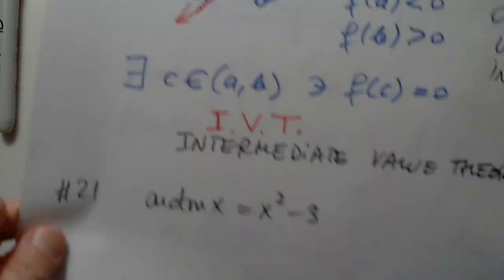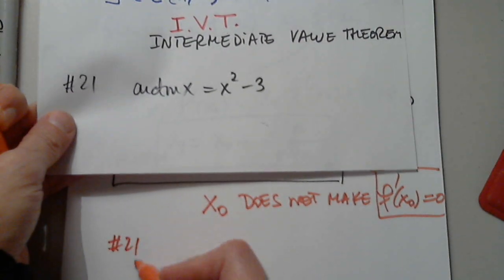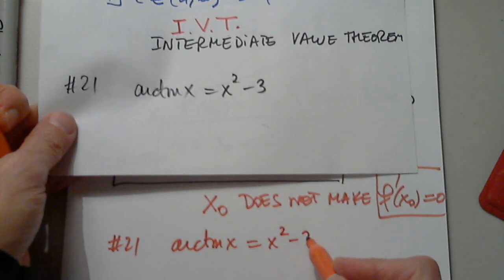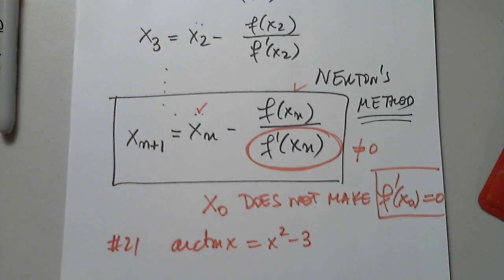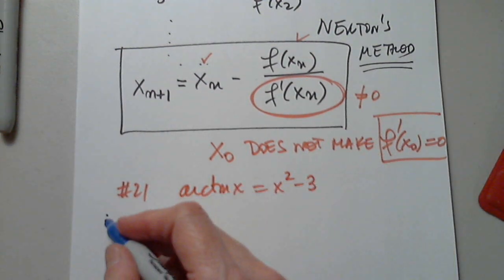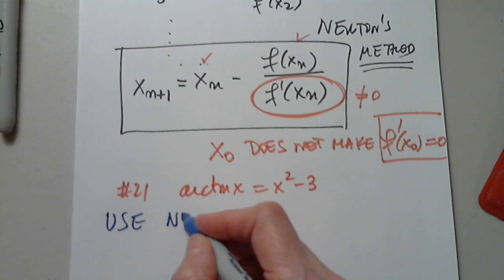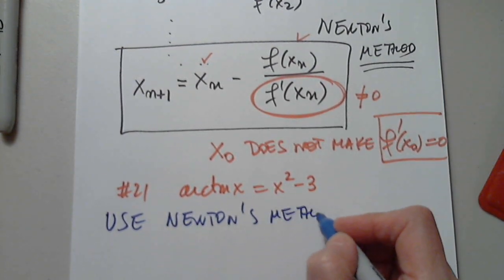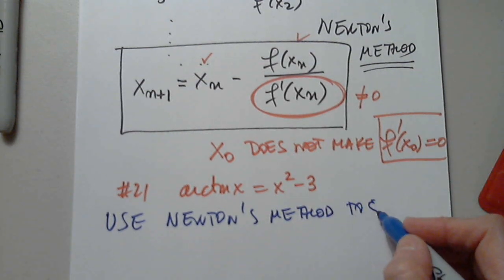Okay, so I'll copy our problem. Arc tangent x equals x squared minus 3. So the question here is, use Newton's method to solve it.